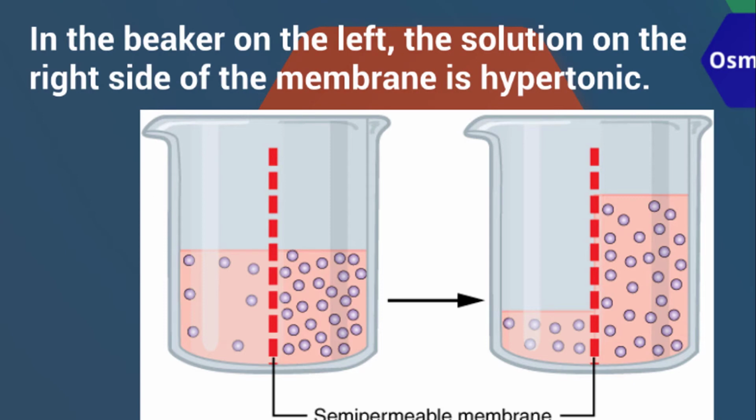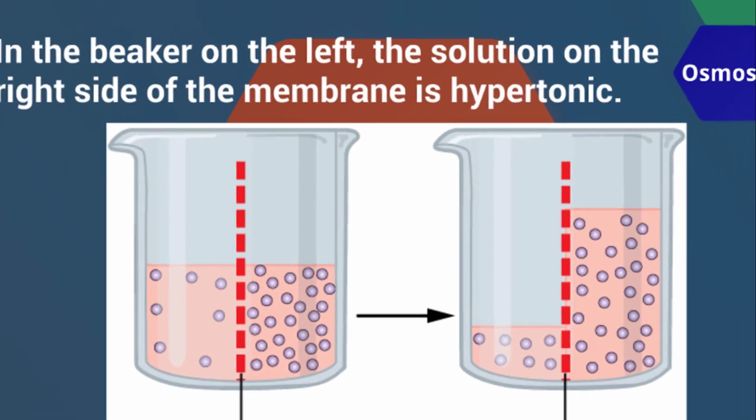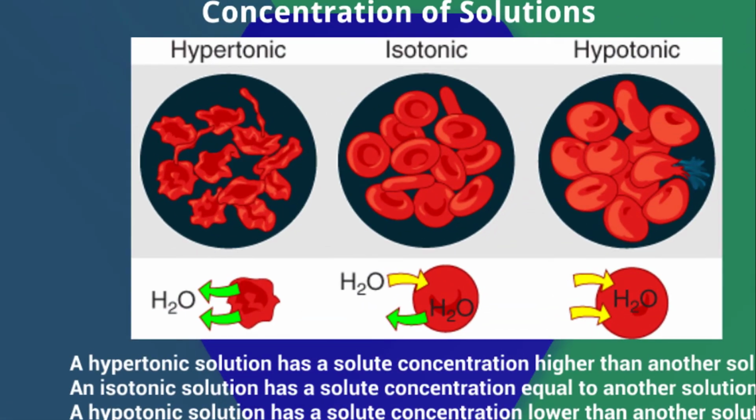Osmosis occurs when there is an imbalance of solids outside of a cell versus inside the cell. A solution that has a higher concentration of solids than another solution is said to be hypertonic. And water molecules tend to diffuse into a hypertonic solution.